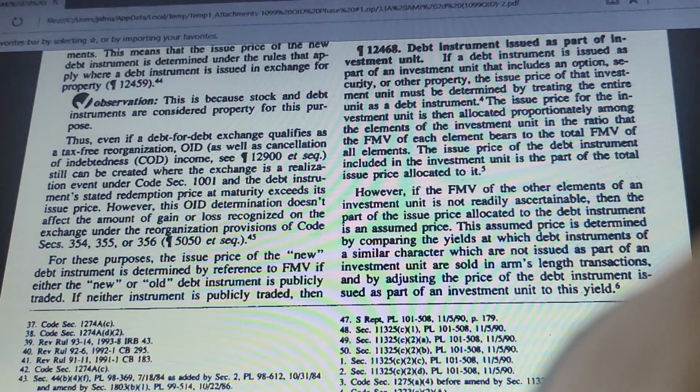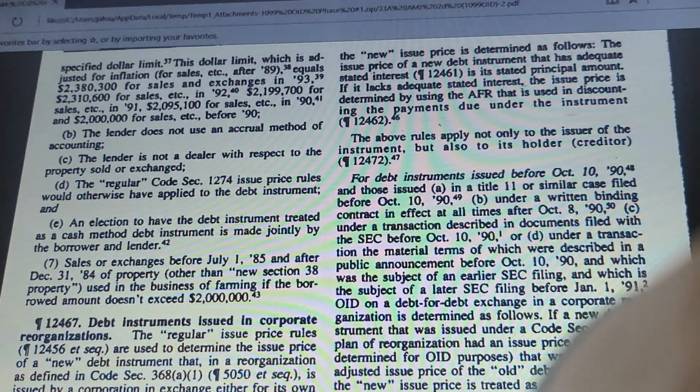For these purposes, the issue price of the new debt instrument is determined by reference to FMV if either the new or old debt instrument is publicly traded. If neither instrument is publicly traded, then the new issue price is determined as follows.